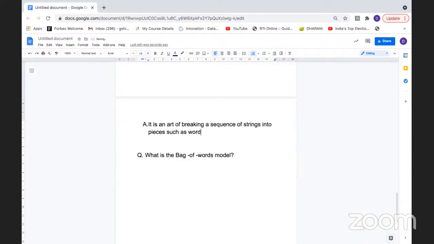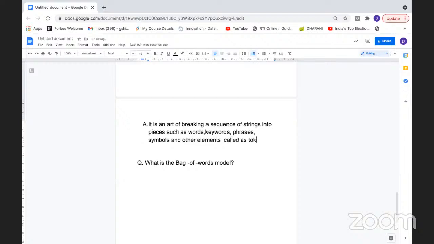We should elaborate that: it could be words, keywords, phrases, symbols, and other elements, whatever you call tokens. What are tokens now?